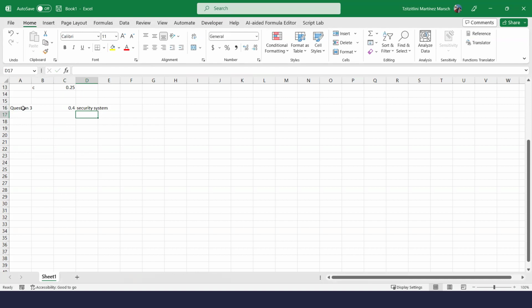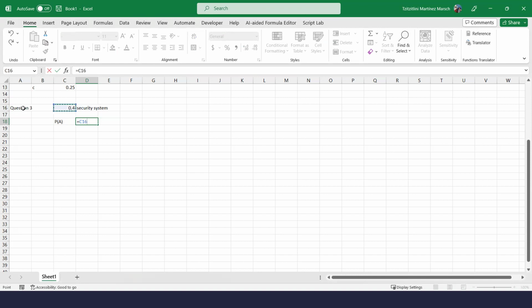Okay, so 0.40 is that we're going to have a security system. That means that the probability of all 3 having a security system, let's put probability of A of all of them having. In this case, it's going to be 3 times the multiplicative law because we're multiplying individual events.